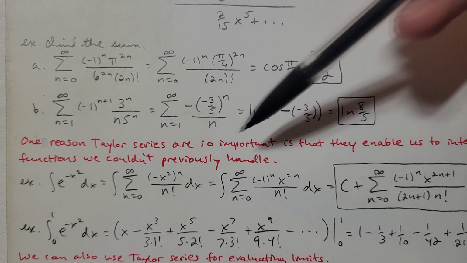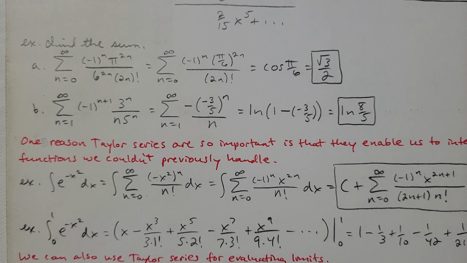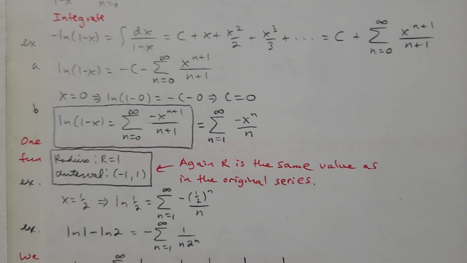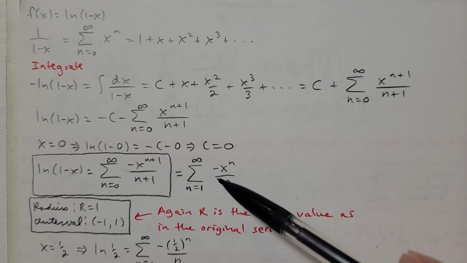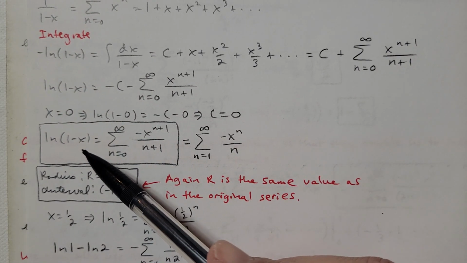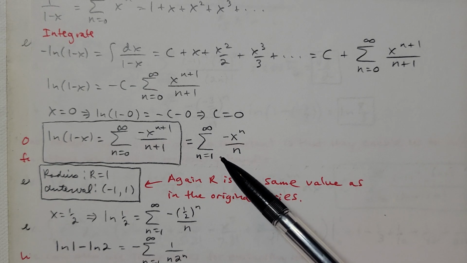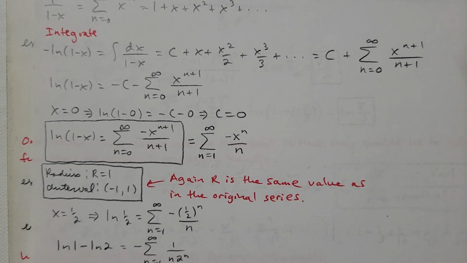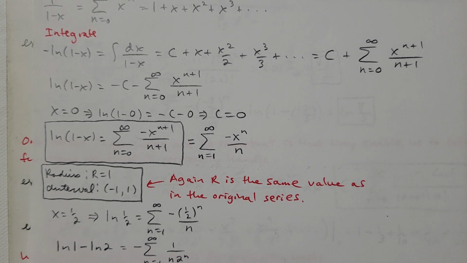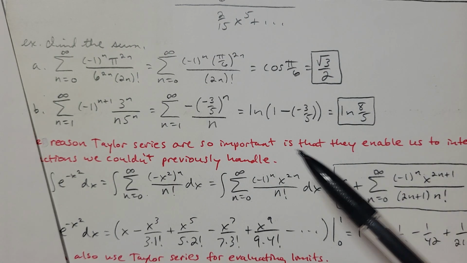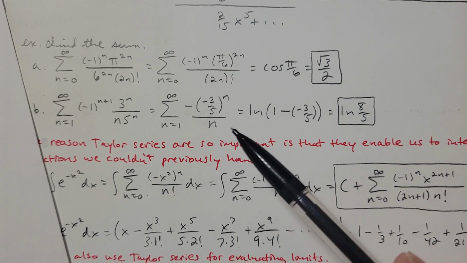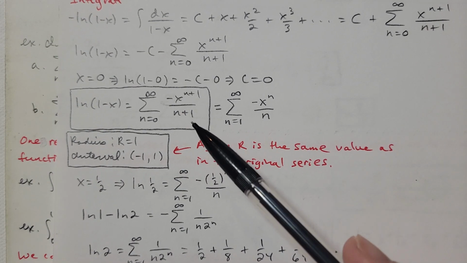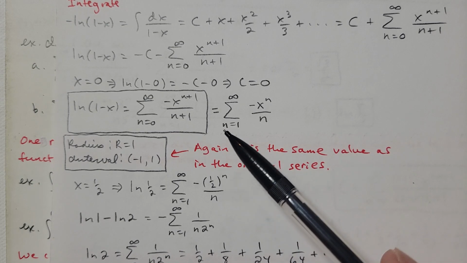Okay, so what is the grand total from that? Well, let's see. So the thing here would be to recognize that I've got this function. So the ln of 1 minus x is the summation as n equals 1 to infinity of negative x to the n divided by n. Right? And that's what I have here. I'm just going to go to that Maclaurin series there.